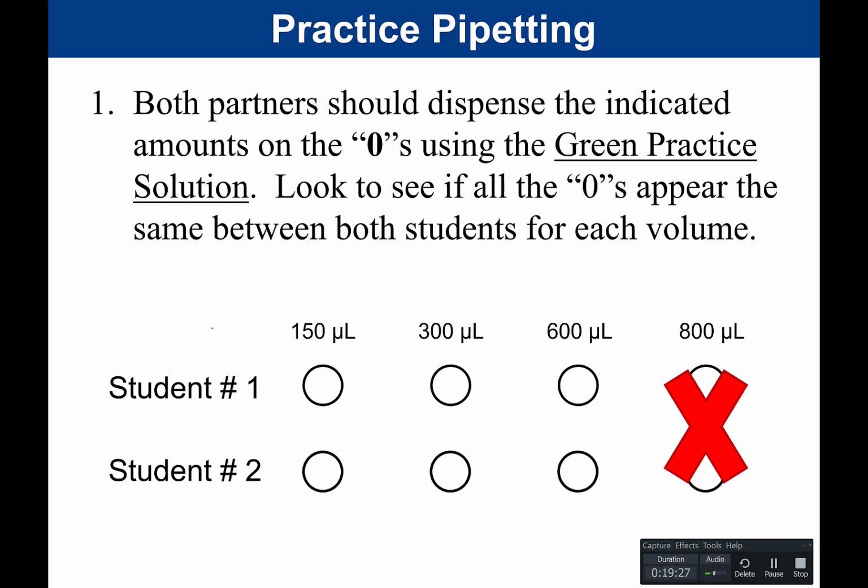However, if you're noticing that your partner's green dye circle is much larger than yours, somebody is not pipetting accurately. And we would want to figure out where the problem was happening, meaning why are we not getting accurate pipetting? So this would be the first thing we would do, is practice pipetting first to make sure that our pipetting could be accurate so that our standard plate count would also be accurate.